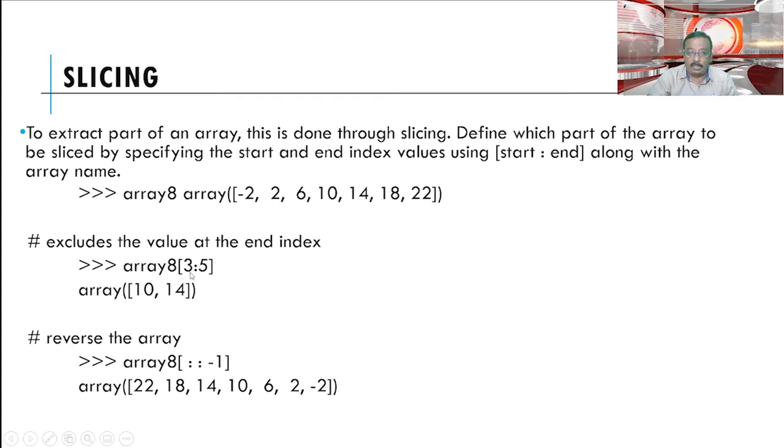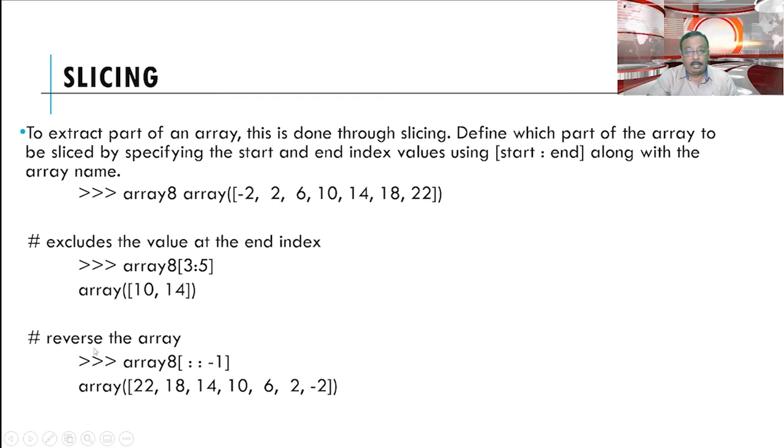So start from 3, go up to 5 minus 1, which means go 3 to 4. So you go to this particular 0, 1, 2, 3. 3 is value 10 and 4 is value 14, that is being sliced. So from this particular array we are slicing. So for slicing we are going to have the square bracket with the start colon end position.